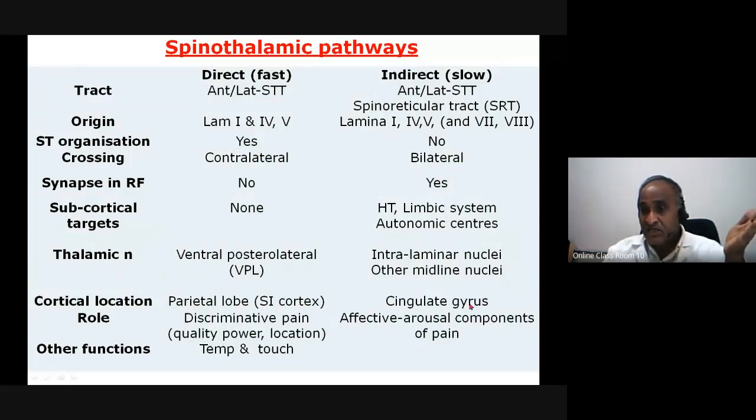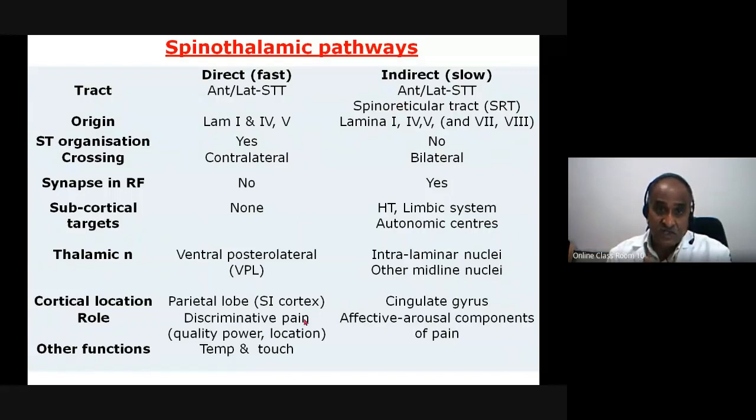And it is the cingulate cortex here, the parietal lobe here. The cingulate cortex is especially for emotion, for the indirect pathway. So now the role: this direct pathway is a discriminative path. That means this direct pathway, the anterior spinothalamic tract or lateral spinothalamic tract, provides information about the quality of the sensation, the power or intensity of the sensation, and the location of the sensation.